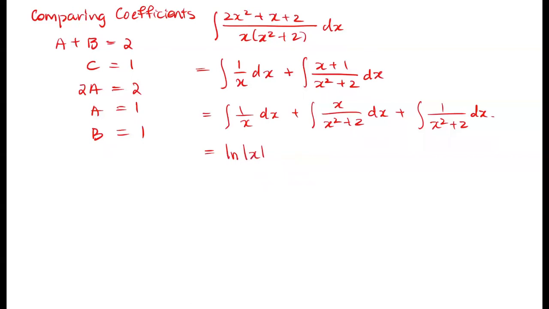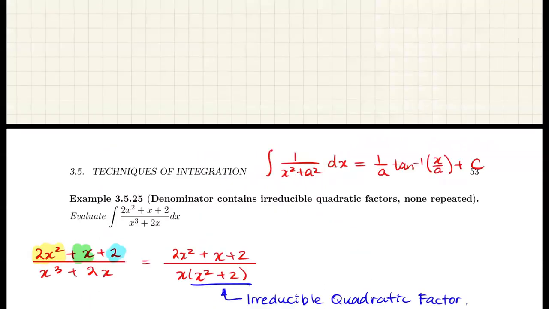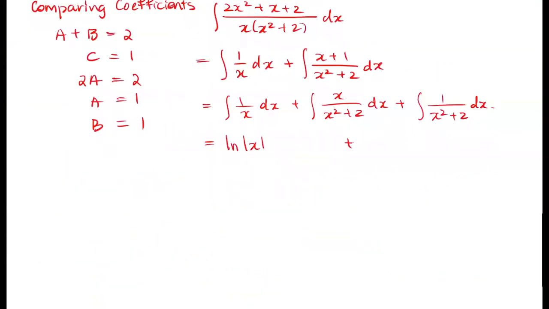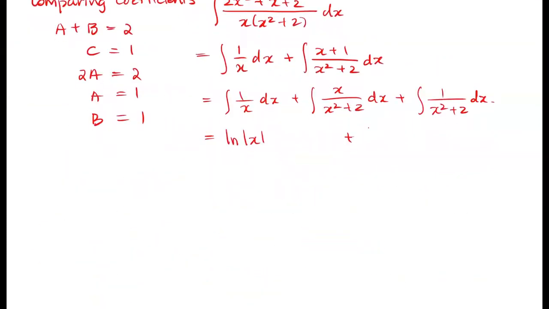The second term, I'll leave it for now. But for the third term, we're going to use the identity that I wrote down. In place of a, we're going to have the square root of 2. So that means we're going to have 1 divided by square root of 2 tan inverse of x divided by square root of 2 plus c.